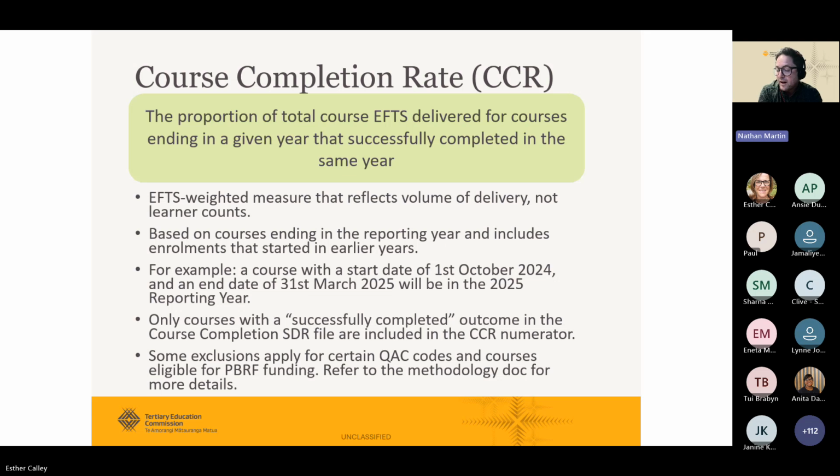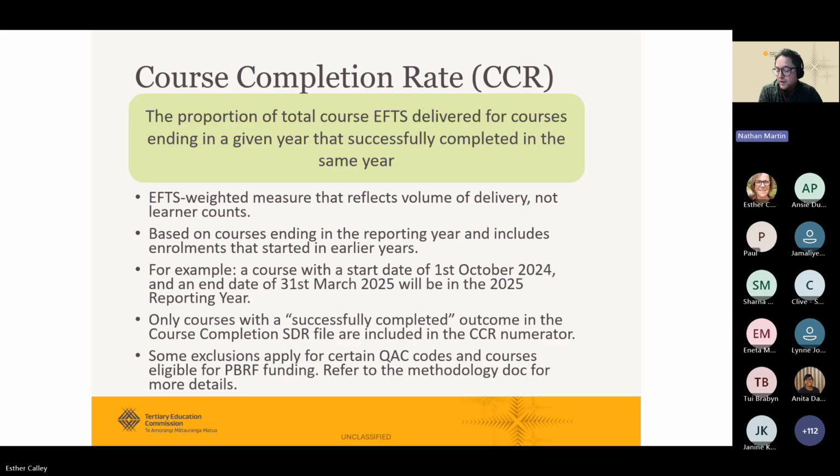The course completion rate includes all courses that finished in the reporting year. That means that course enrollments that span multiple years are attributed to the year that they finish. For example, a course that starts in October 2024 but ends in March 2025 is counted in the 2025 reporting year.